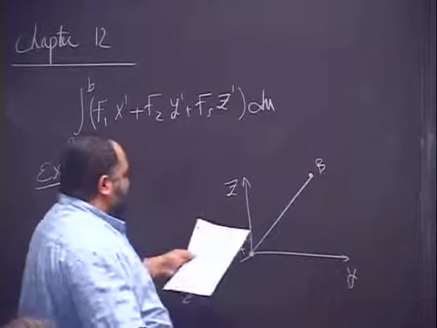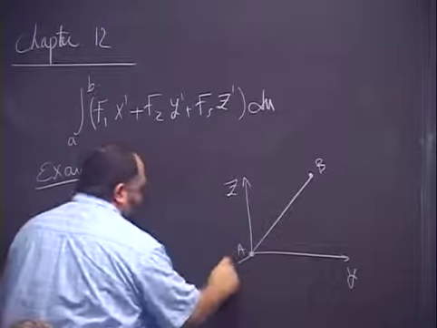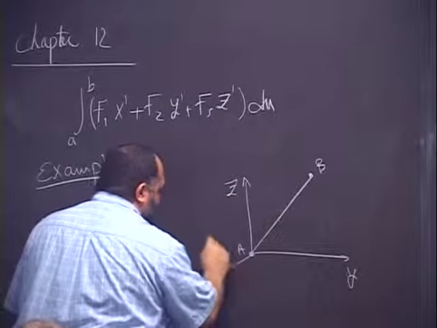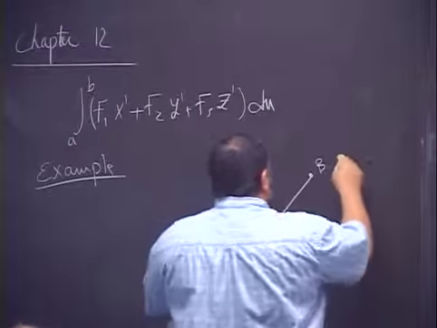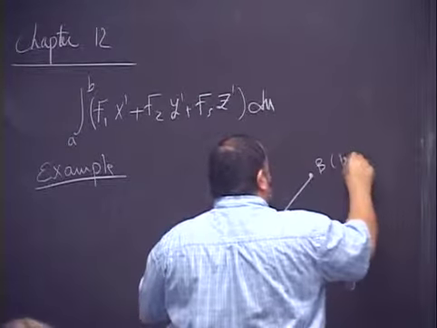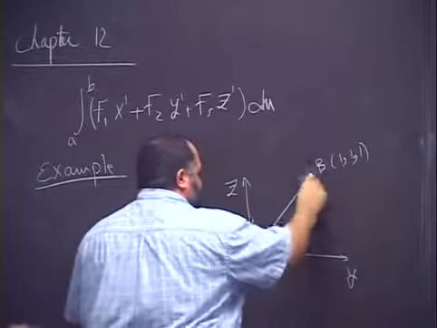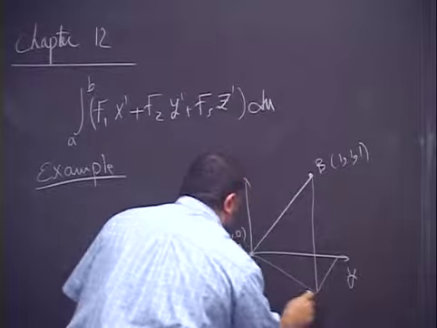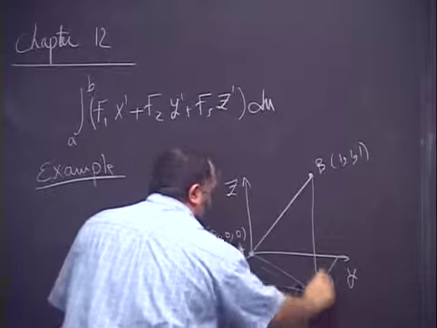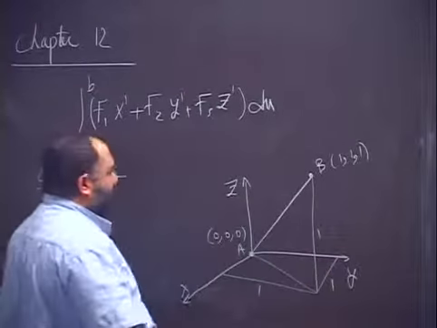So this is the start and this is the end. So the start is point 0, 0, 0, and the ending point B is 1, 1, 1. So you have one here, and one here. Okay, guys?